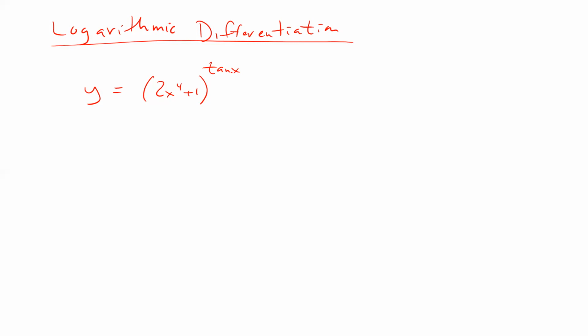Can we do one of those where you take the log of both, or change it into a log and then take the derivative of both sides? Perfect. Yeah, just like we did before. So what we're going to do, we're going to take the ln of both sides, and we like to work with ln. And that's what logarithmic differentiation is all about right here. What we do is we take the ln of both sides.